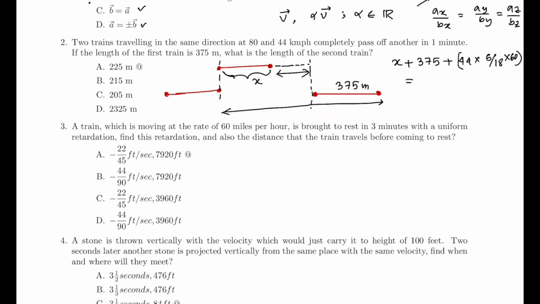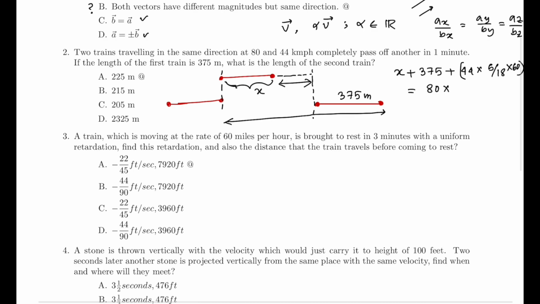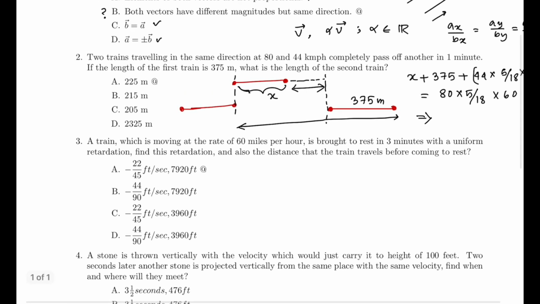So that is 80 km per hour, which is 5 by 18 times 60 seconds, right? So if you solve this problem, this is simple algebra, and do the calculation, you will get x is 225 meter. Okay, so option A is correct.